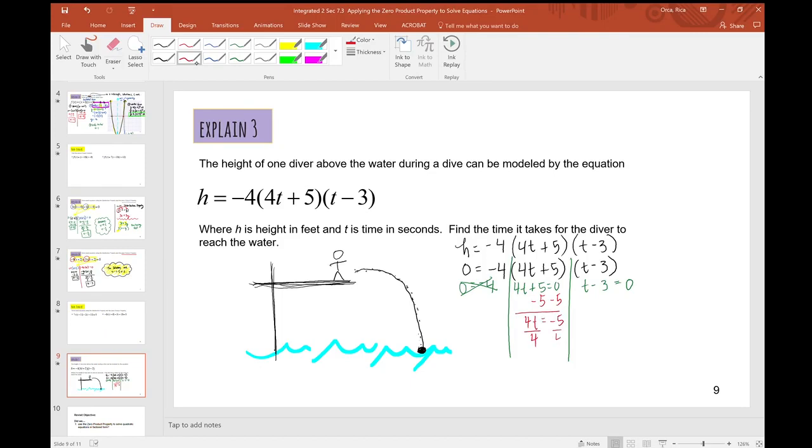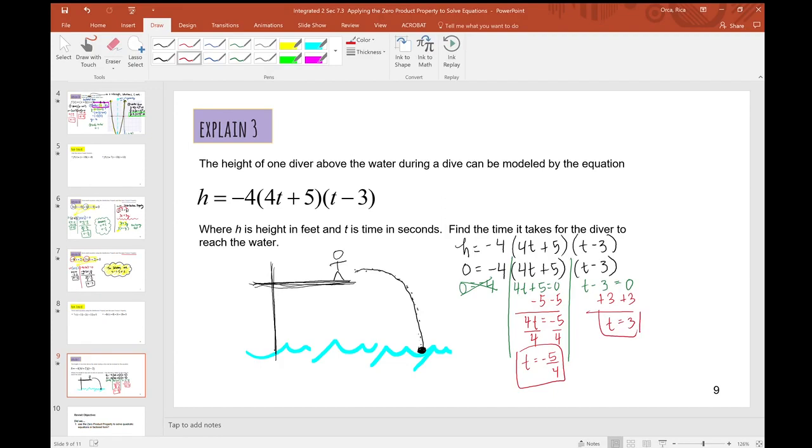Divide both sides by 4. T equals -5/4. In our third equation, we have t minus 3 equals 0. To solve for t, we need to add 3 to both sides. T equals 3.